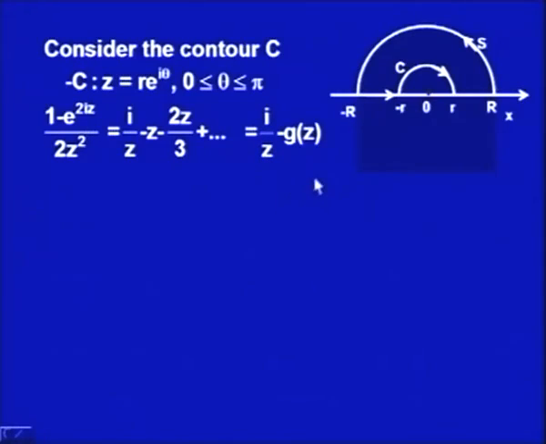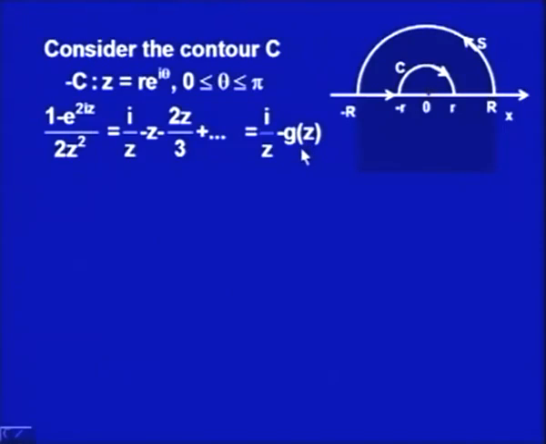Since g(z) is analytic, consider g(z) on this contour C, which is a semicircle around this origin 0 with a small radius r. g(z) is analytic at z is equal to 0, that says g(z) is continuous at z is equal to 0.